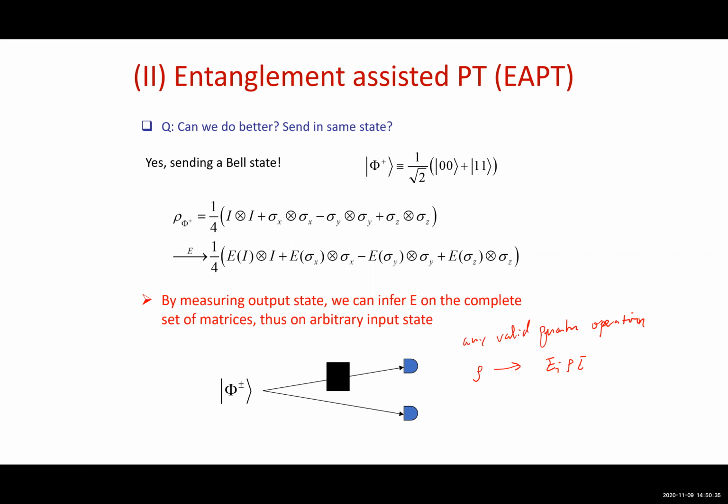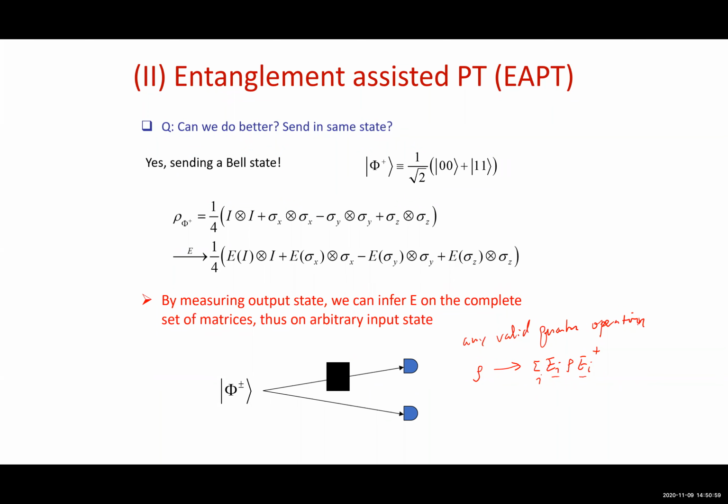Remember we talked about this when we were talking about error: there's an environment and there is a global unitary because of interaction, and at the end the environment is measured. So you see the action when you trace out the environment, and the system is like this.